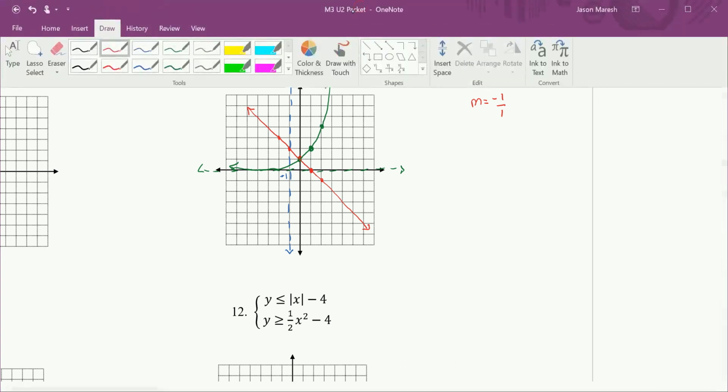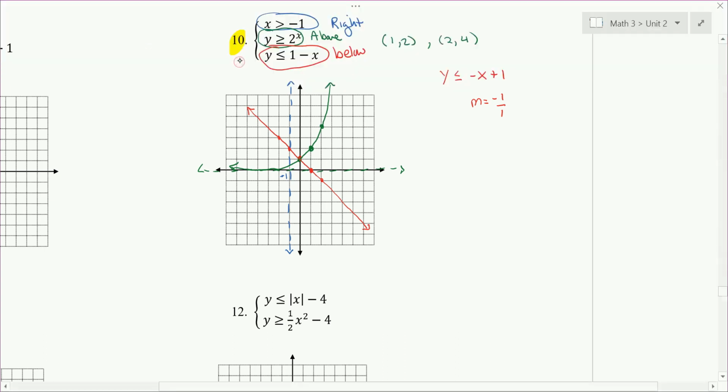So we're looking for the region that is to the right of the blue, above the green, and below the red.